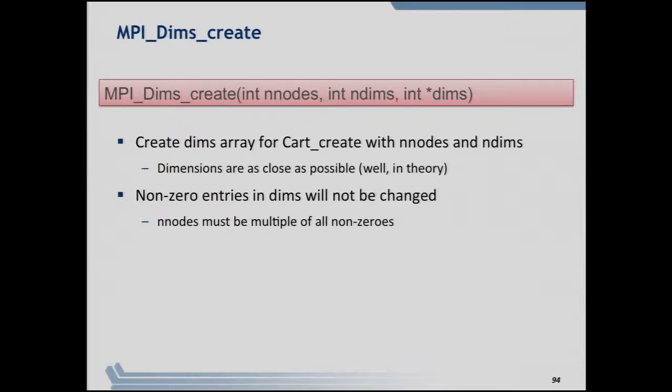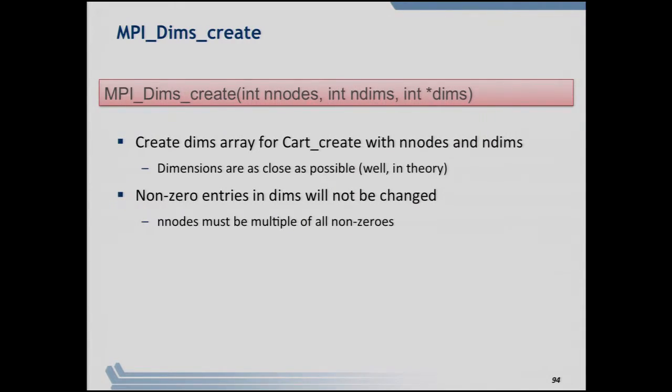In general, it's hard to know. So there is a convenience function provided. If you know what you want to do, you can just use it, or you can ask MPI to suggest. So before calling this cart create function, you can ask MPI to suggest. You can call this function MPI dims create.